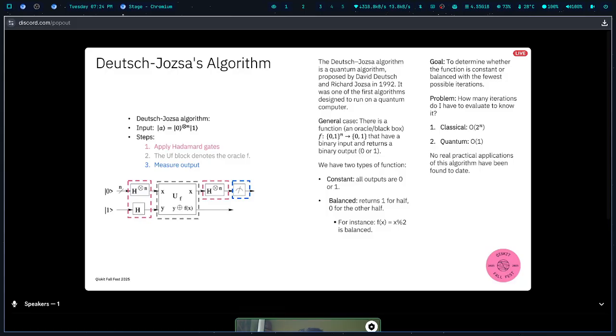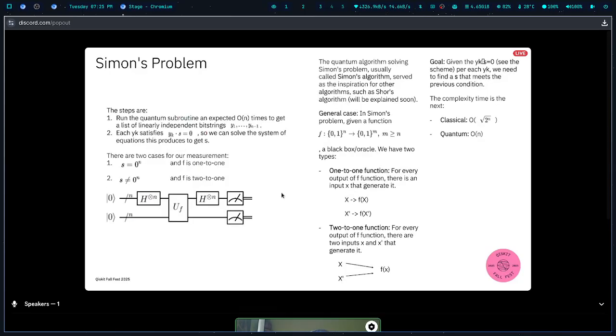The point of the classical performance here is that this is in the form of bits. It will be exponential, and the quantum one will be constant, due to the Hadamard gates we apply for superposition.